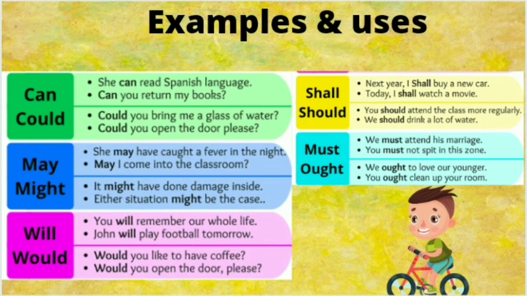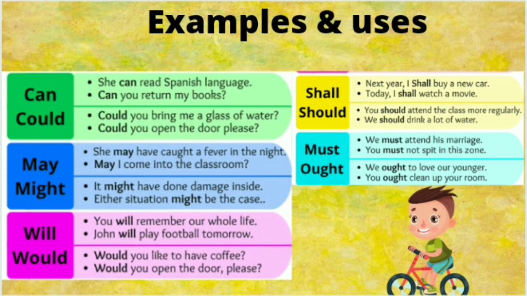Can and could. Can is usually used for showing ability or sometimes for taking permission or polite request. She can read Spanish language, for ability. Can you return my books? Now here you are making an interrogative sentence with the help of can.